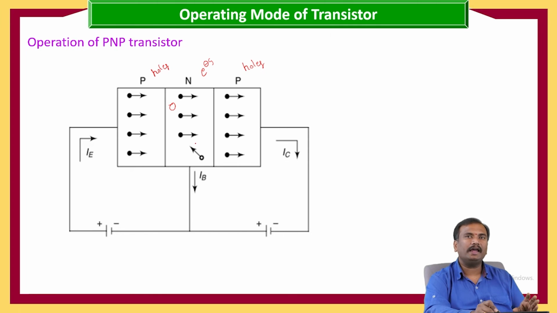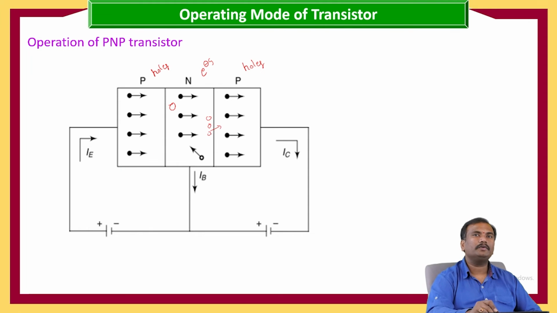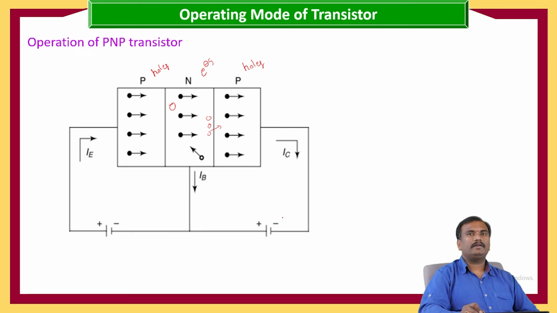So these holes will move towards the collector junction, and the conduction will take place from emitter to collector, because the collector is connected to reverse bias, that is, to the negative supply. So the holes will be attracted to the negative voltage.